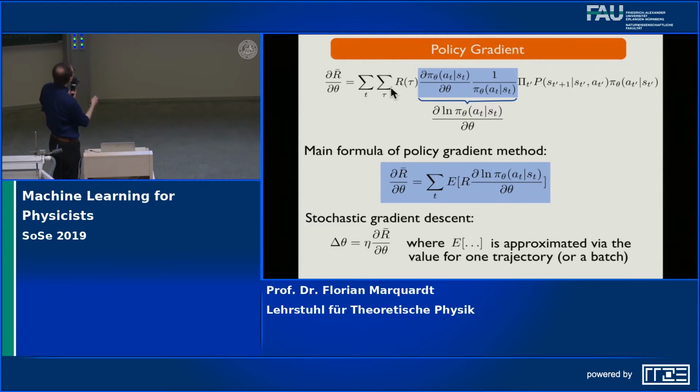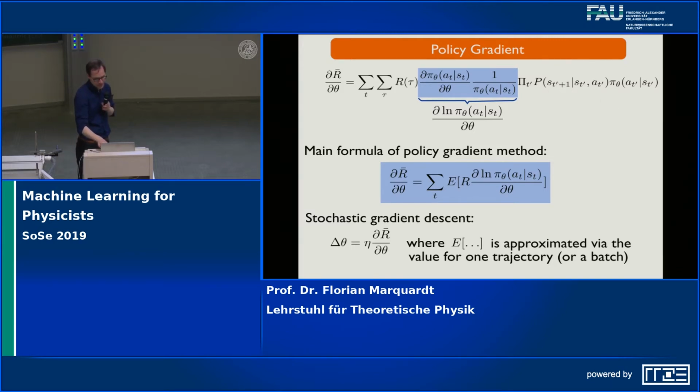So here you recognize the sum over trajectories and the return for this particular trajectory. And then I have already gone one step further. So here in principle there would be the product of these subsequent probabilities. So always policy, transition, and so on.